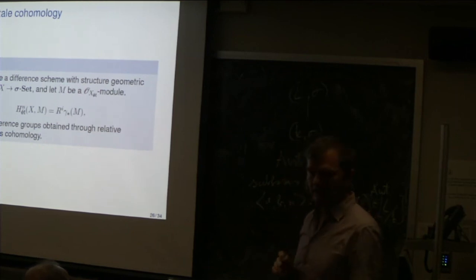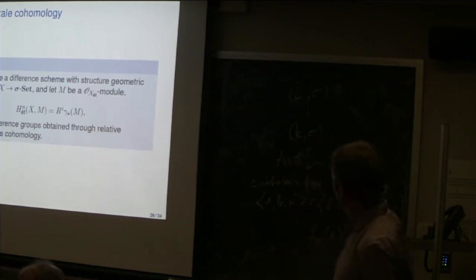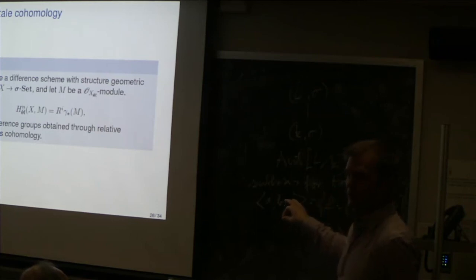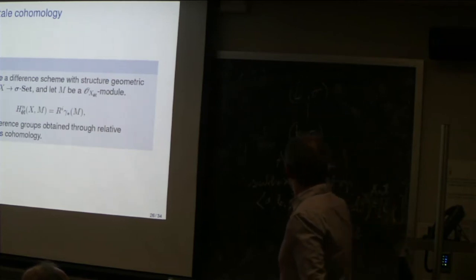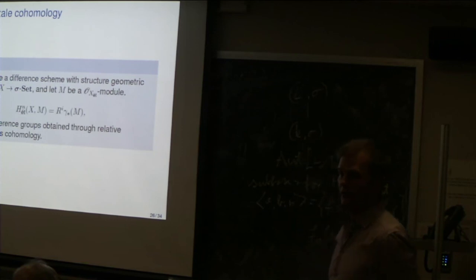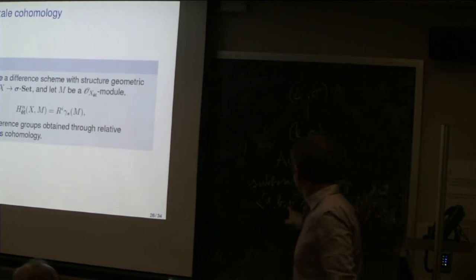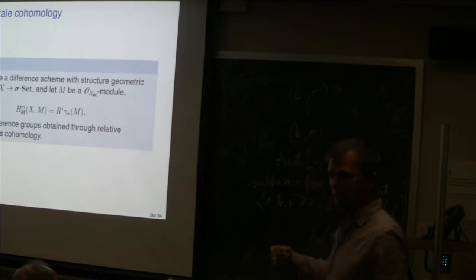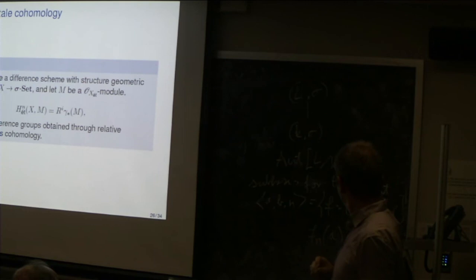So this is a little bit like compact open topology, where I put discrete topology on L, but it's just slightly embellished to account for this N. Okay. So this is what Galois theory looks like, just for difference fields.